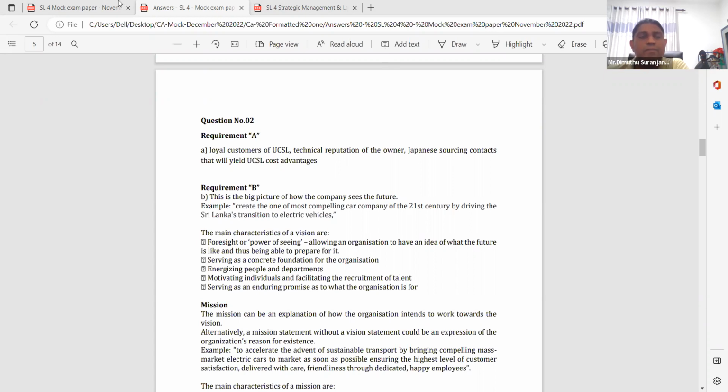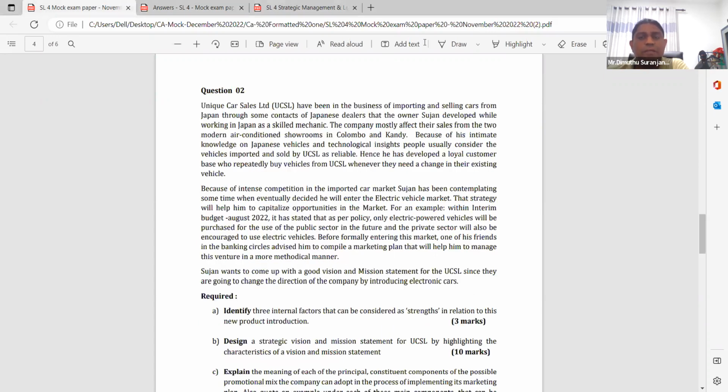Right. What is part B? Design a strategic vision and mission statement for UCSL by highlighting the characteristics of vision and mission statements. What is a vision? The ultimate goal of an organization. That is the big picture. Mission explains your current activities.